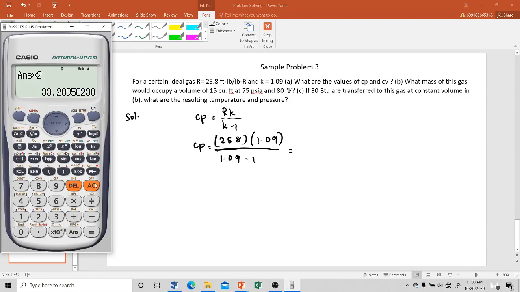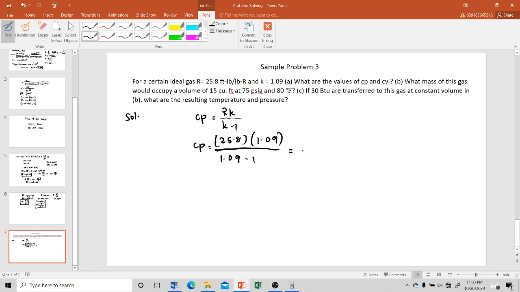So now we can get the value of 25.8 times 1.09 over 1.09 minus 1. So we have 312.47 foot-pounds per pound Rankine.